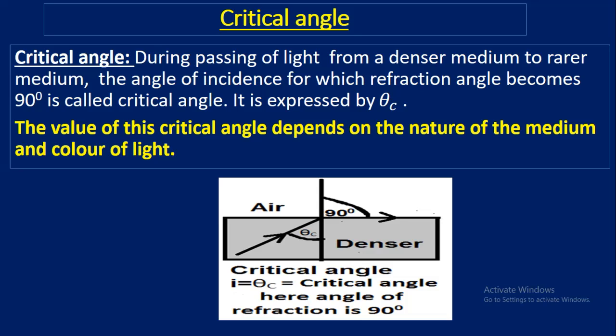In the diagram, theta c denotes the critical angle, and the refraction angle is 90 degrees. This is the only condition for making a critical angle: the refraction angle is 90 degrees and the light ray comes from a denser medium to a rarer medium.